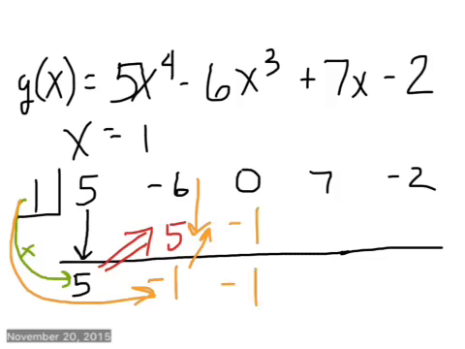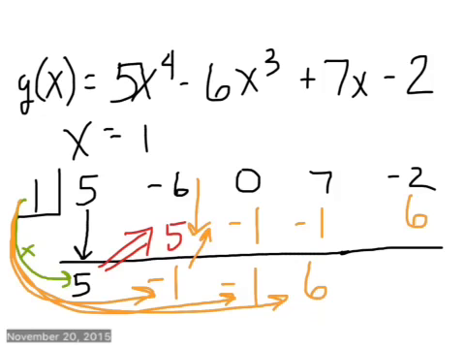Negative 1. 1 times negative 1. Negative 1. 7 minus 1 is? 6. 1 times 6. 6 minus 2. 4. And I circle the 4.